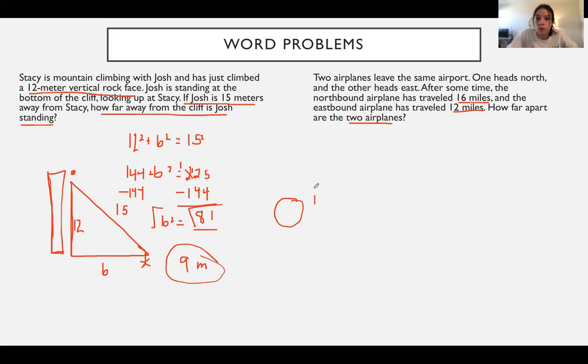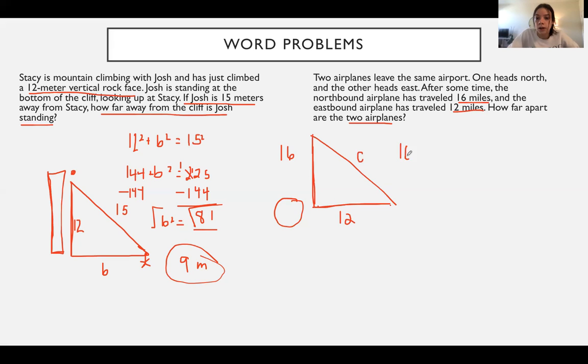Airplane A heads north 16 miles, and airplane B heads east 12 miles. We want to know how far they are from each other, so we are looking for the hypotenuse of this triangle, c.